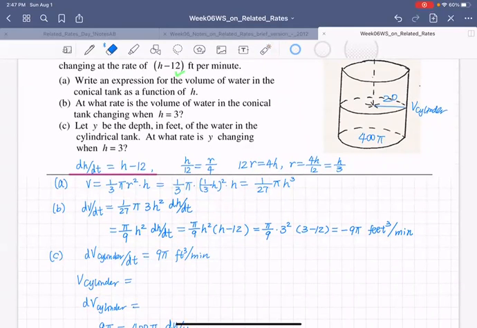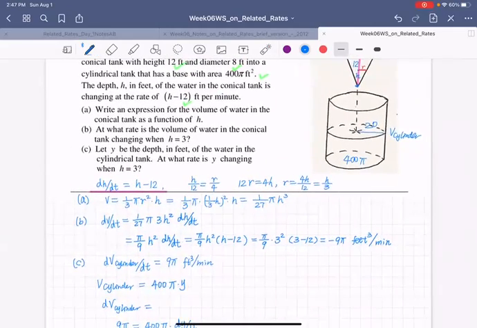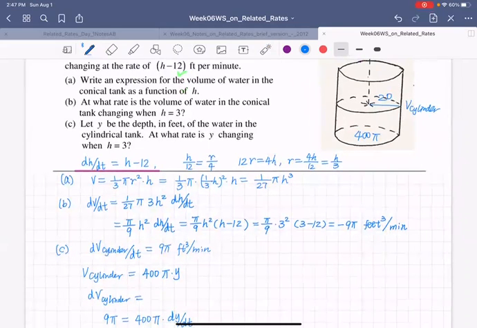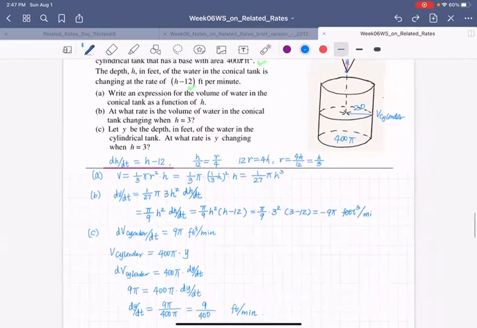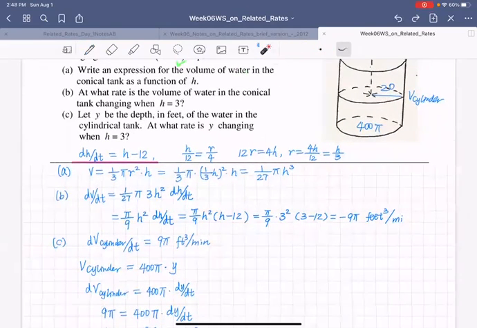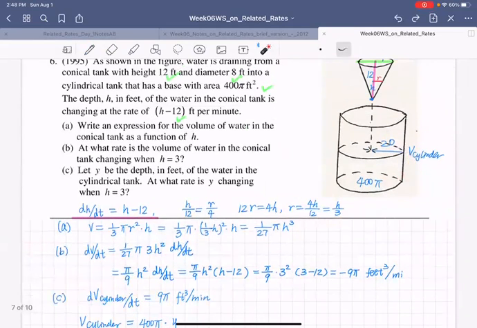So the cylinder volume is 400 pi, which is the base, times the height y.